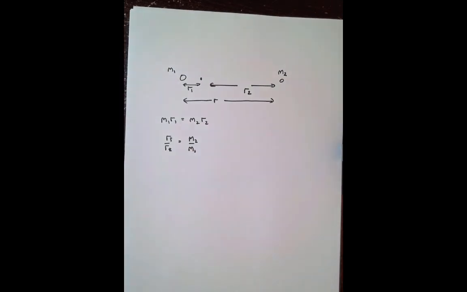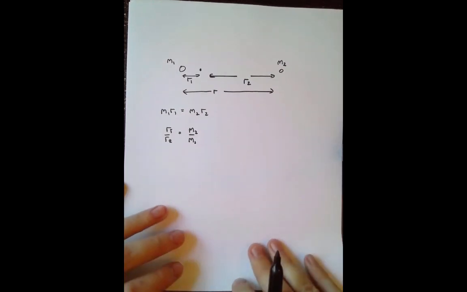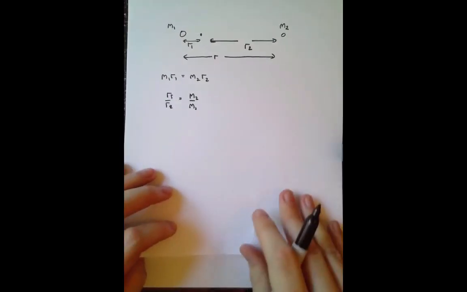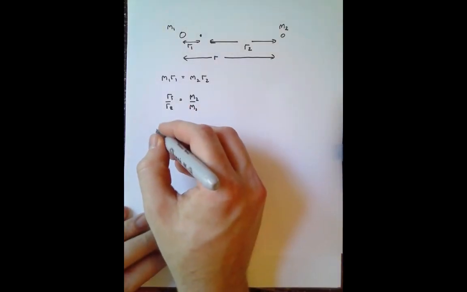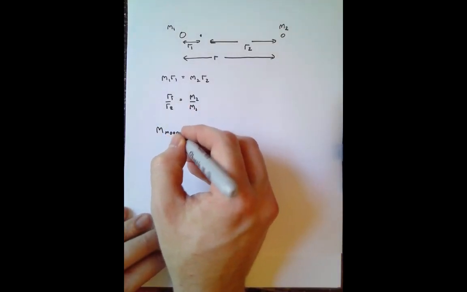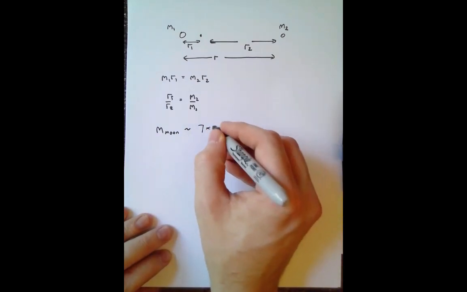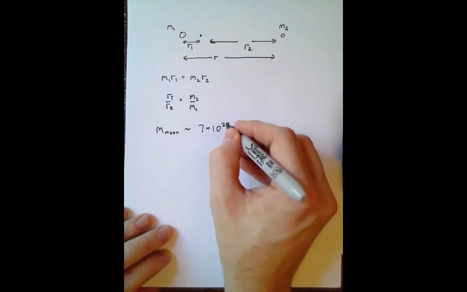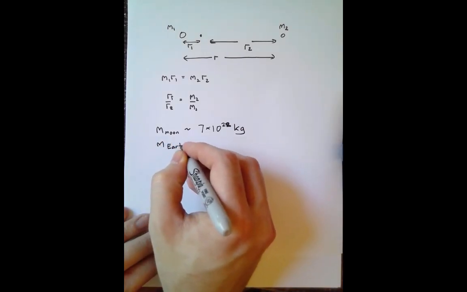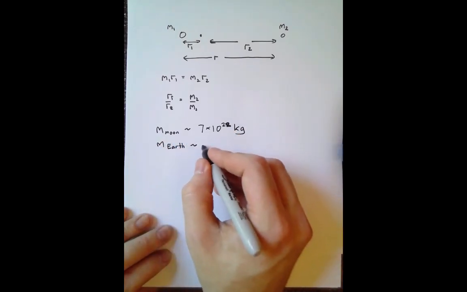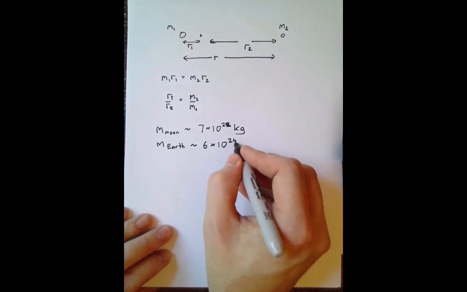Okay, so let's do a quick estimate with a familiar orbital system, the Earth and the Moon. The mass of the Moon is approximately 7 times 10 to the 22 kilograms, and the mass of the Earth is about 6 times 10 to the 24 kilograms.